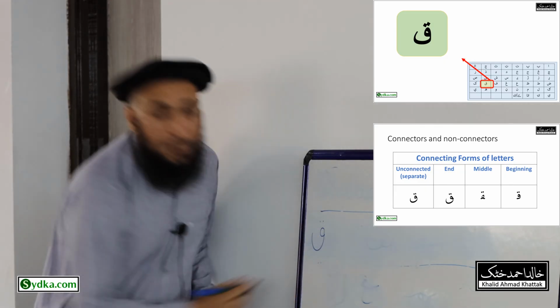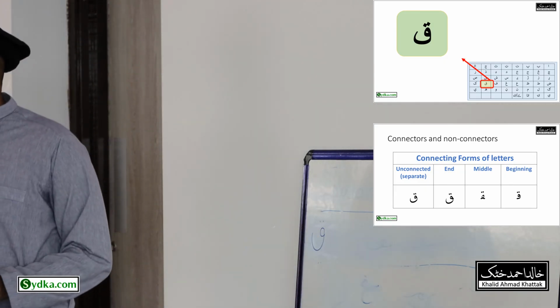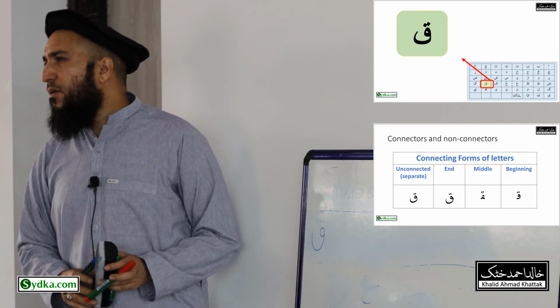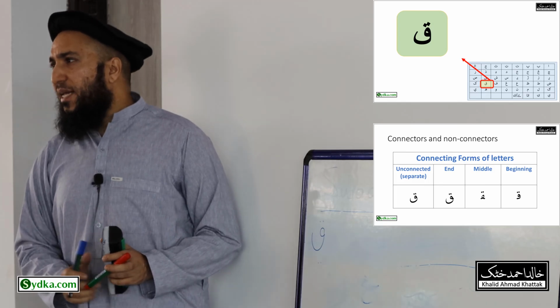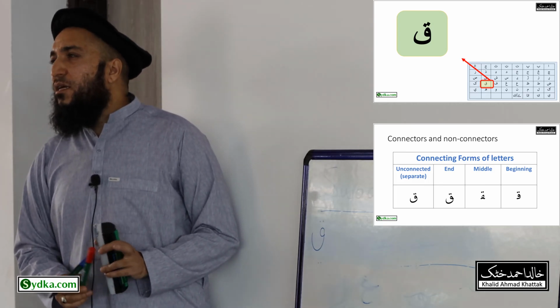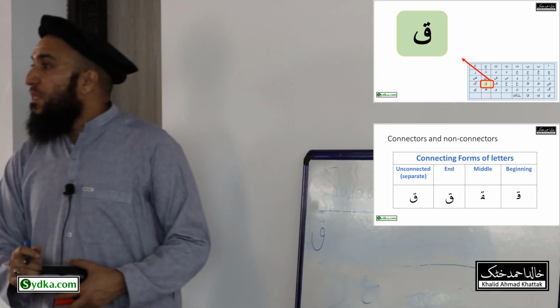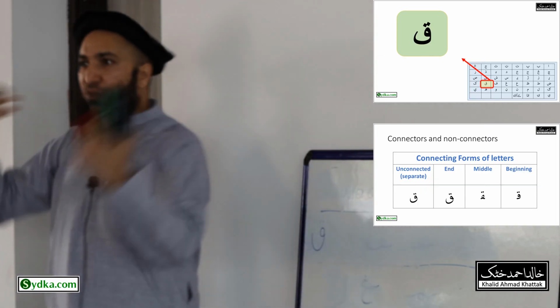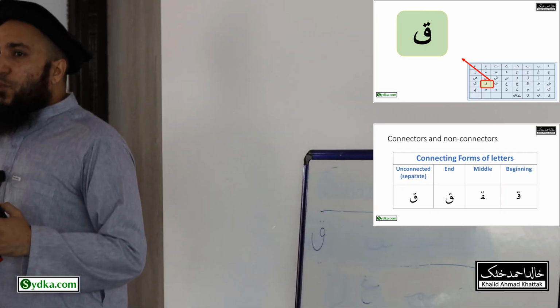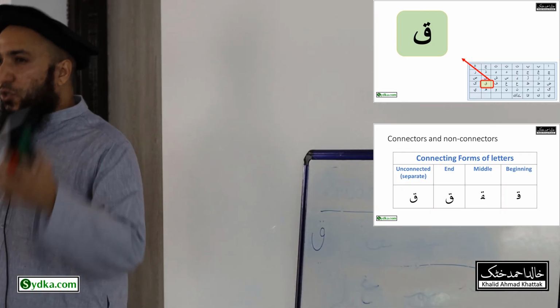Who can pronounce this? Qaf. Is it connector or non-connector? Connector. Why? The reason I'm asking you the same question again and again is the more you repeat and practice it, the more you will learn.